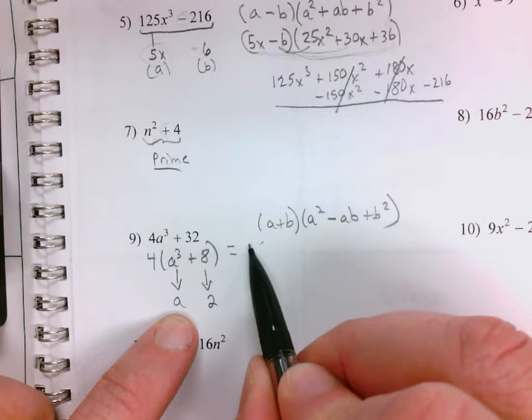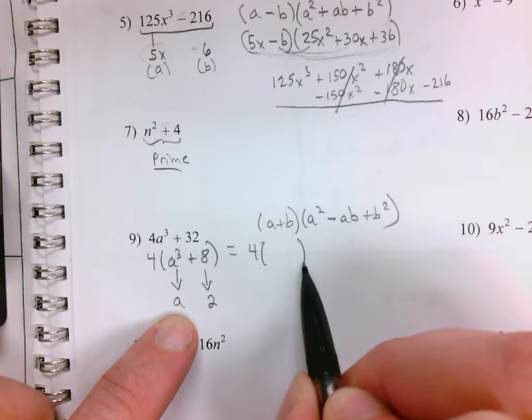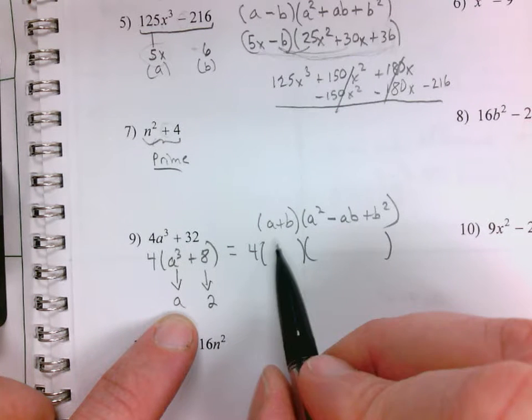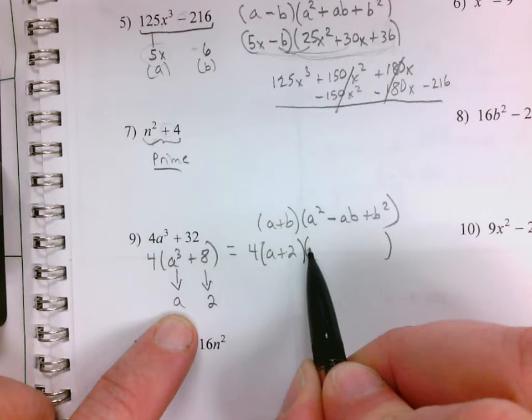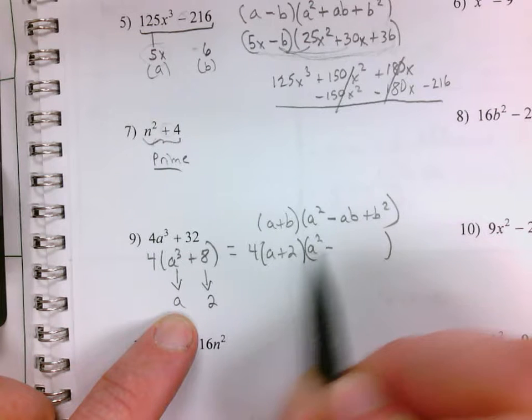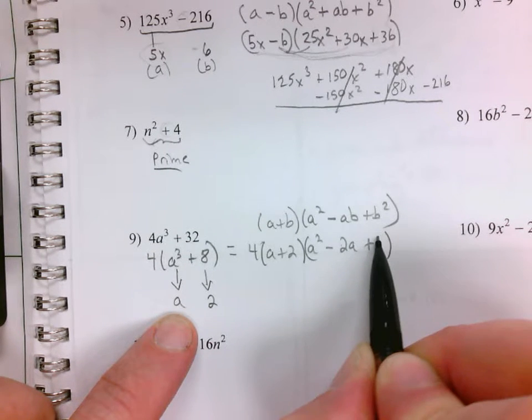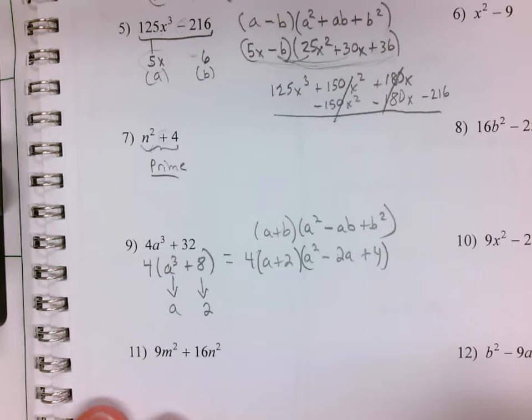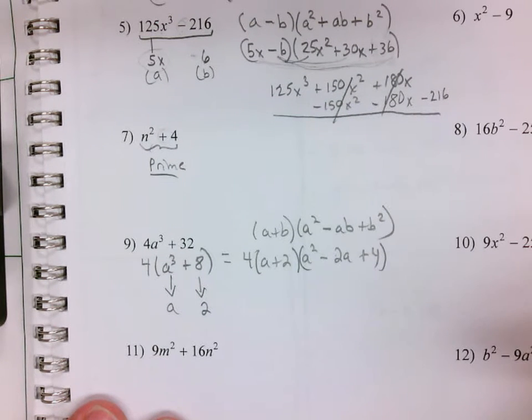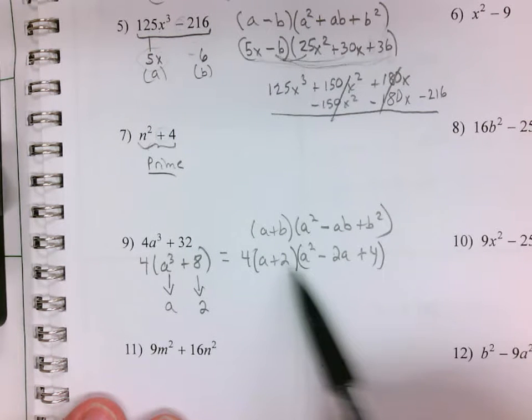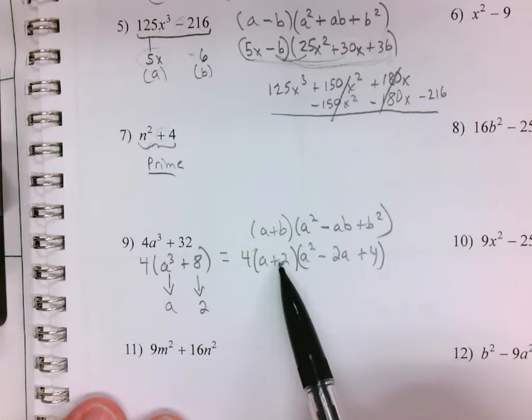It just goes out there hanging along for the ride. So A plus 2, A squared minus 2A plus 4. And again, if you want to multiply it all out and check it, you can. I don't really want to do that right now, but you could distribute that. Essentially what happens is the inside part gets canceled out by your formula.